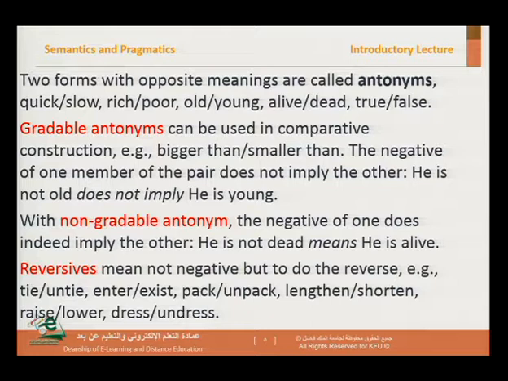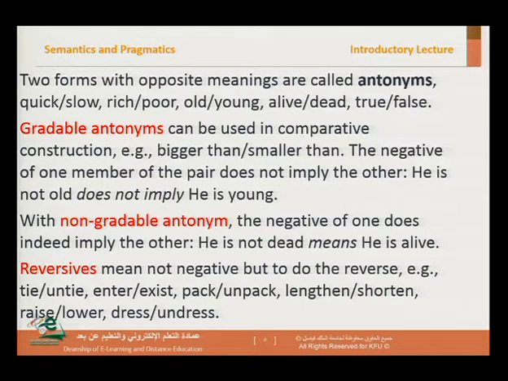Non-gradable antonymies. Okay. So, do we know the difference between gradable antonymies and non-gradable antonymies? I hope that's clear. With gradable antonymies, we actually can compare between the words. With non-gradable antonymies, it's actually either this or that.